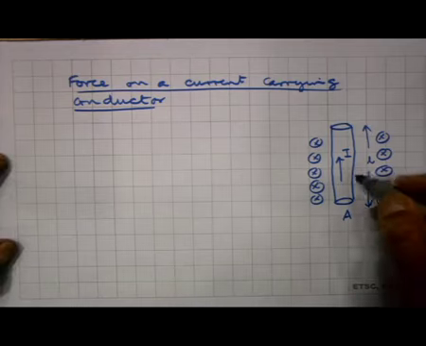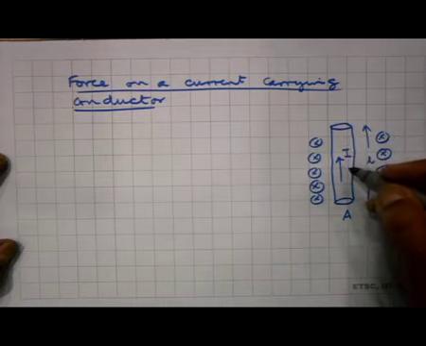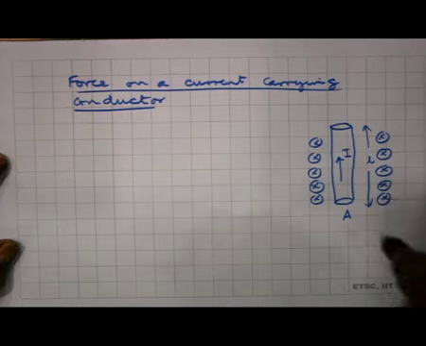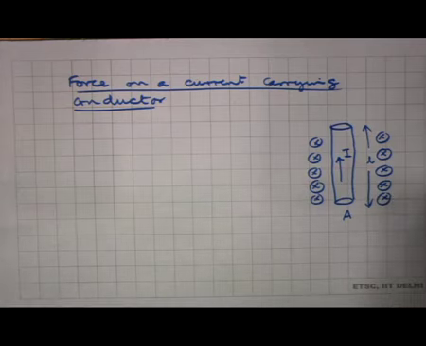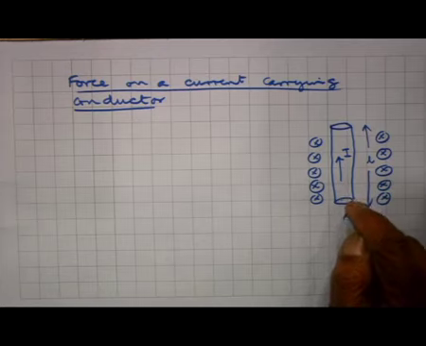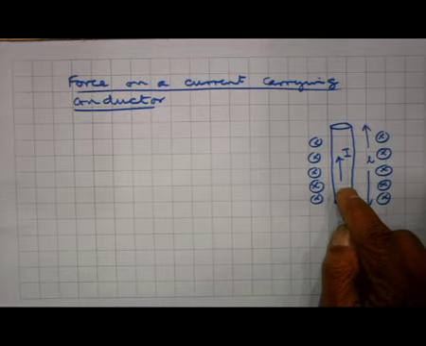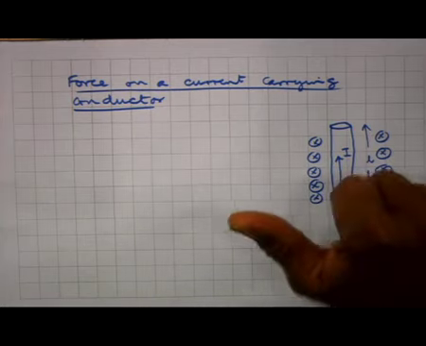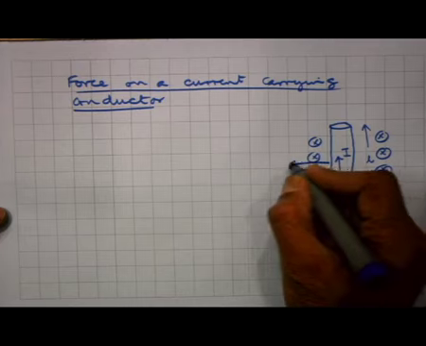Now, what this implies is that the current is flowing in the upward direction. So, if I assume that the current is produced by positive charges, each of these positive charges is moving up. When a positive charge is moving up in the presence of a magnetic field pointing into the page, we know that there is a Lorentz force acting on it, and that force is q v cross B. So, if q is the charge, v is the velocity of the particle and B is the magnetic field, the force is q v cross B. So, v is upward, B is into the page, so v cross B is in this direction.